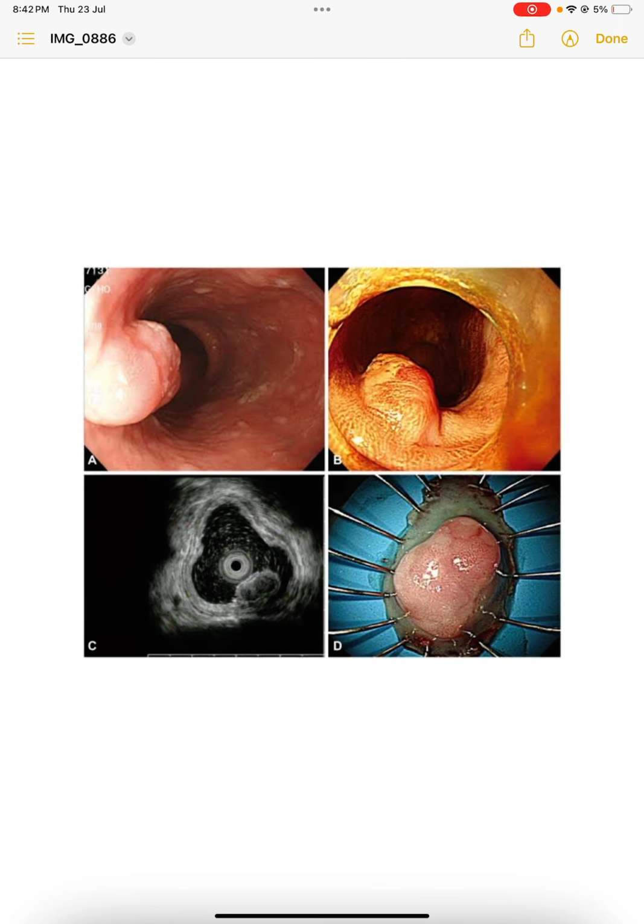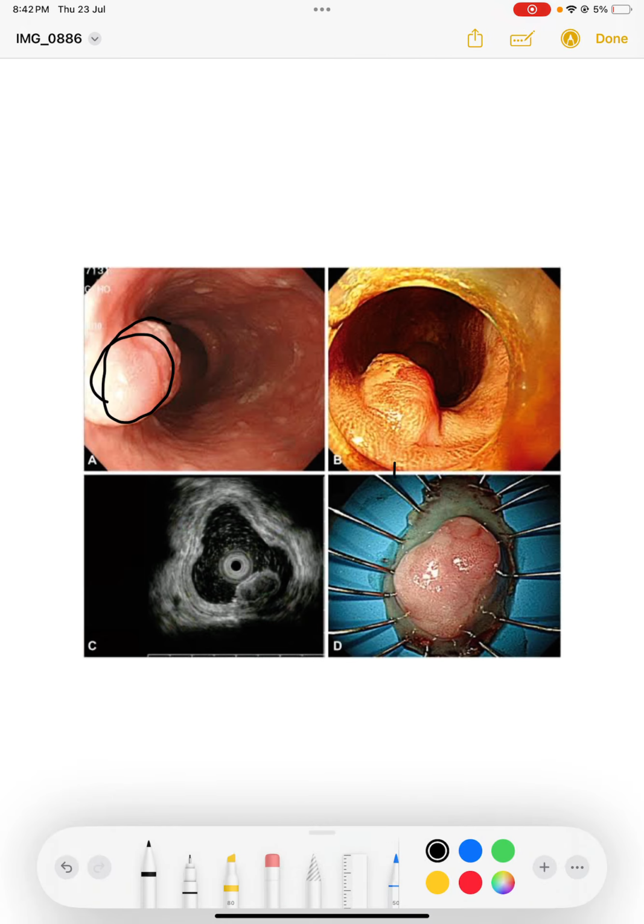This is the upper GI endoscopy finding. What does this show? It shows a submucosal bulge seen in the lower 1/3 of the esophagus.